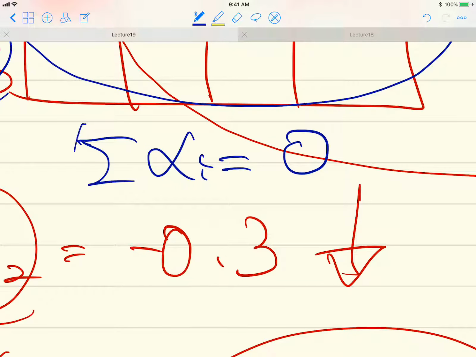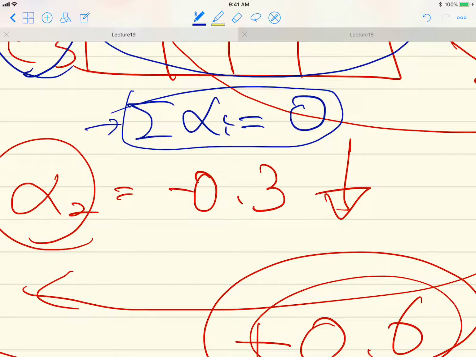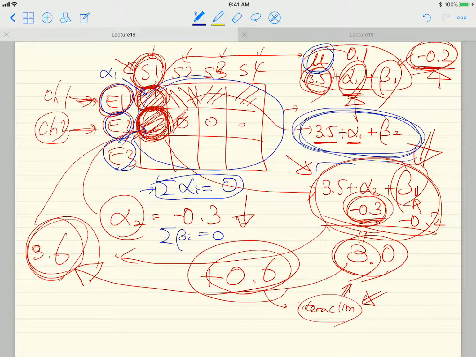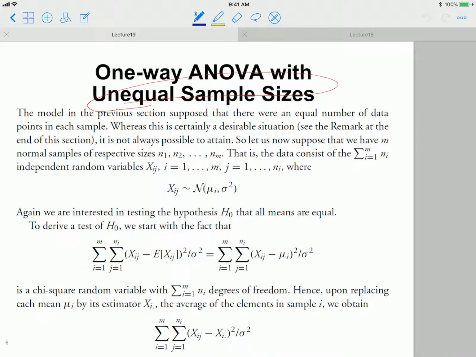But it is important to keep in mind that the sum of alpha i's is equal to 0, and likewise the sum of beta j's is equal to 0. Okay, so let's keep that in mind, and then let's go to the details about this 2A ANOVA setting.